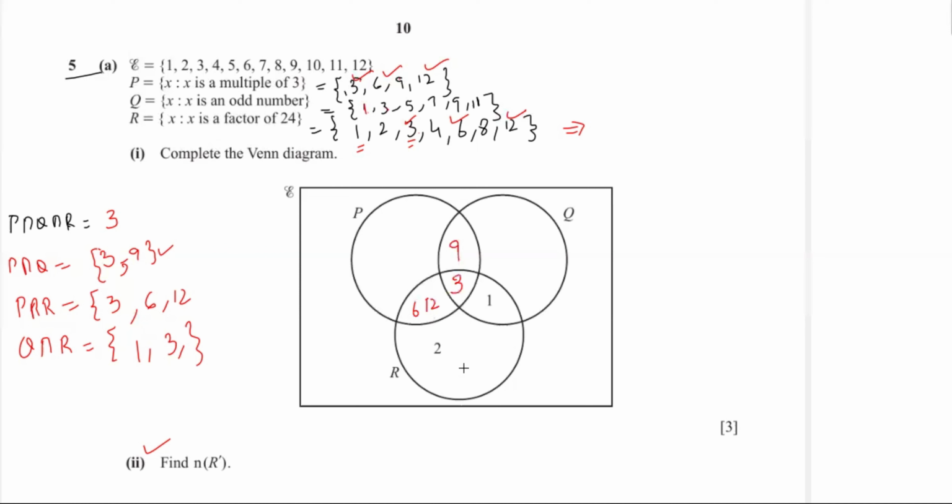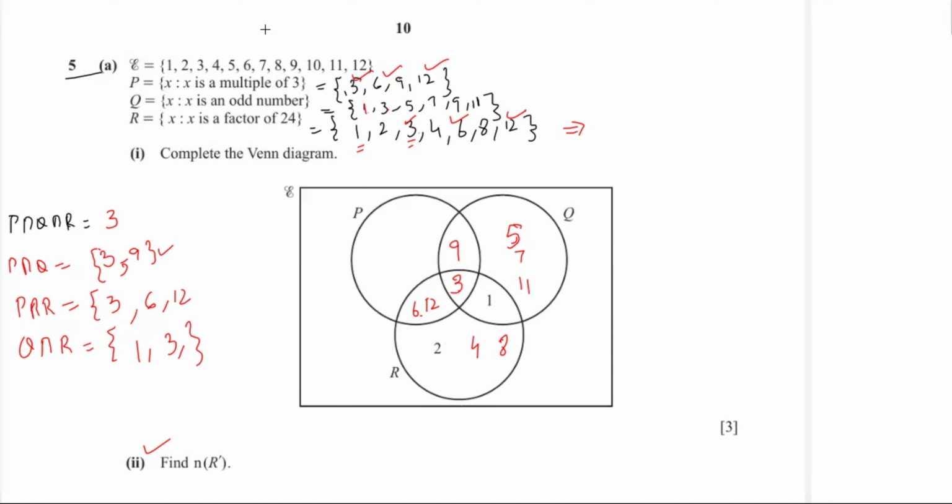Now we have to mention the elements of P. Elements of P are 3, 6, 9, 12, and all elements are present in this region of P. Next is Q: 1, 3, 5, 7, 9, 11. And next is R. R elements are 1, 2, 3, 4, 6, 8, 12.